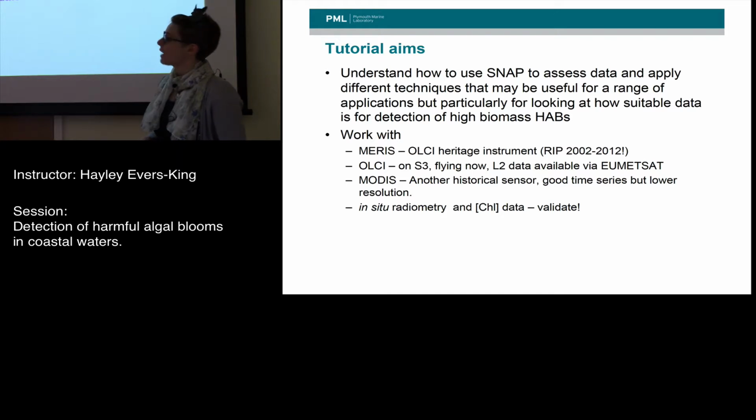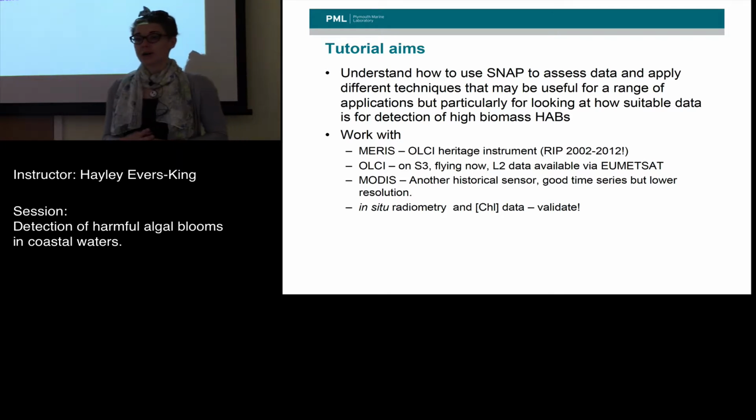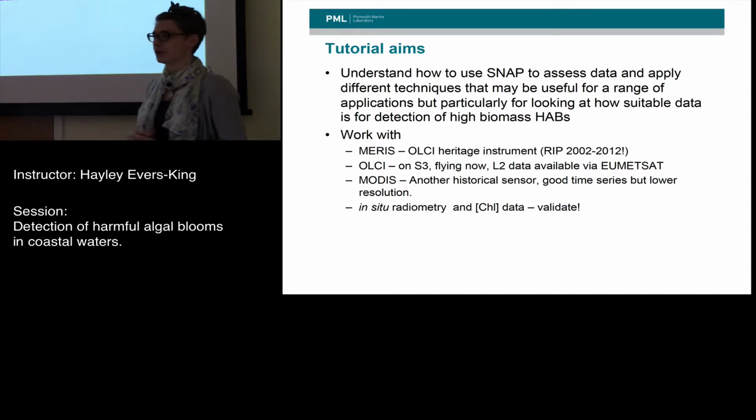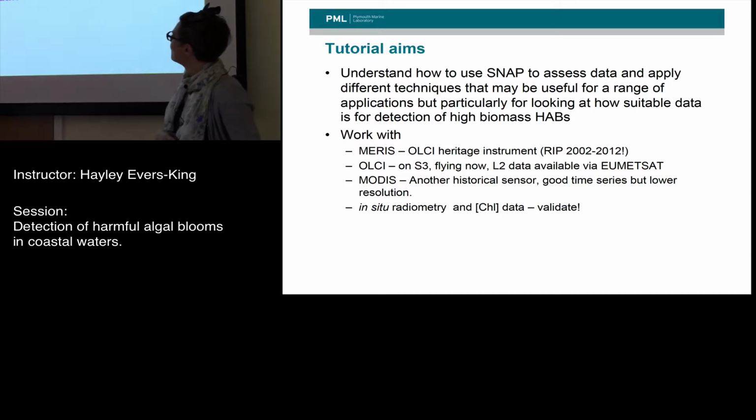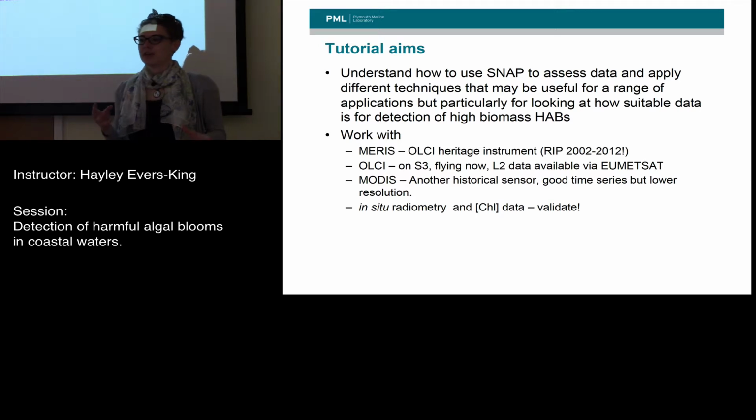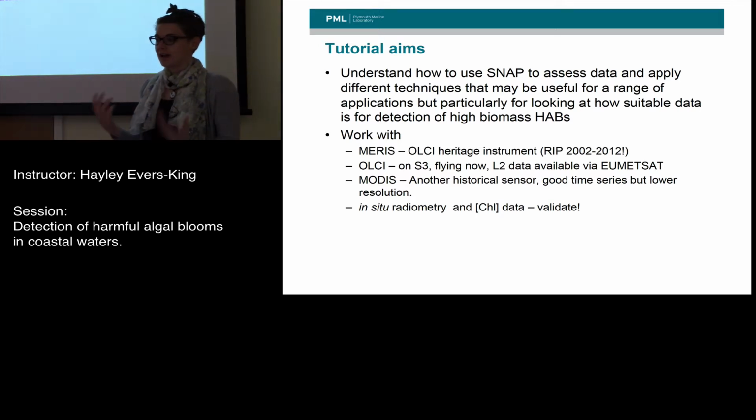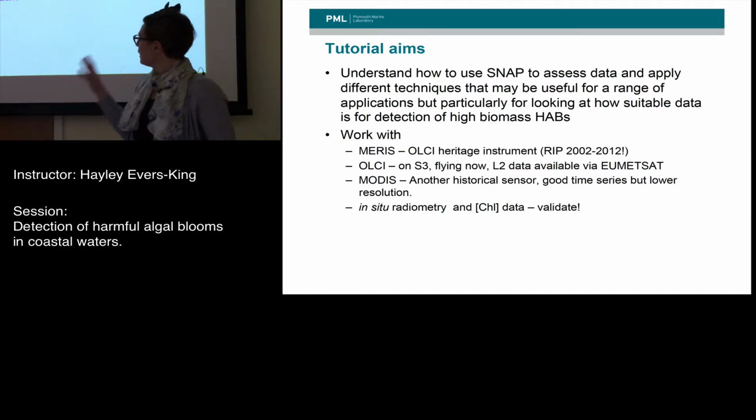There's also, for comparison, some imagery from the MODIS sensor, which has a really good long time series. It's still going today. It's soldiering on despite being quite old now. But it has lower resolution in terms of the spatial scale and in terms of the spectral resolution for these sort of monitoring purposes. You've also got a spreadsheet there of in situ radiometric data and some chlorophyll data.